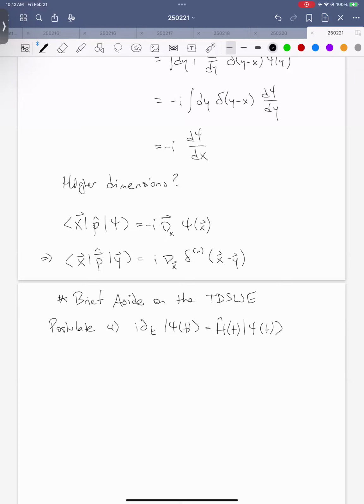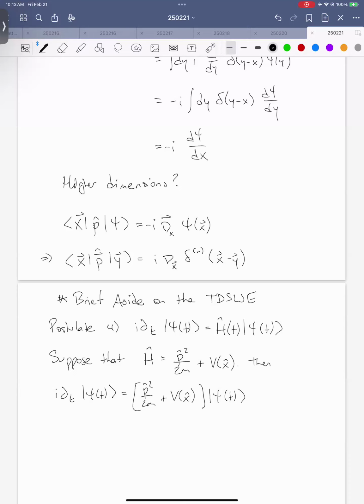Suppose that the Hamiltonian operator is p hat squared over 2m plus a potential, which is only a function of the position operator. Then i partial t psi t is equal to p hat squared over 2m plus V of x, all acting on psi of t.